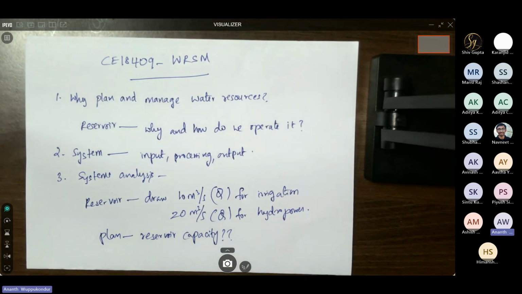To meet both the demands of irrigation and hydropower, what should be the reservoir capacity? And we would like to have minimum capacity for the reservoir so that maximum demands can be met.